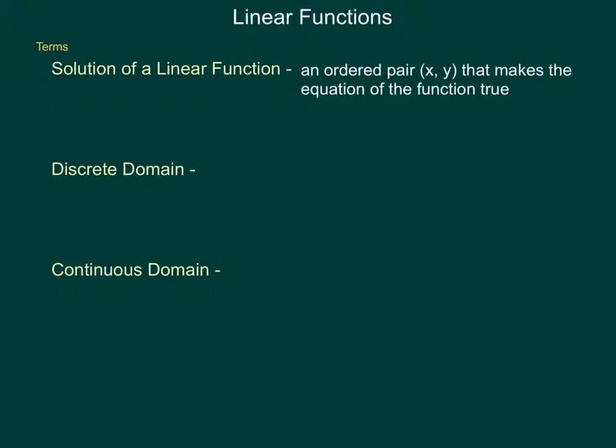So if I'm looking at a function such as y equals 2x plus 7, a solution I could propose would be the number set, or the ordered pair, 1, 9. And then I need to check to see if this is true.